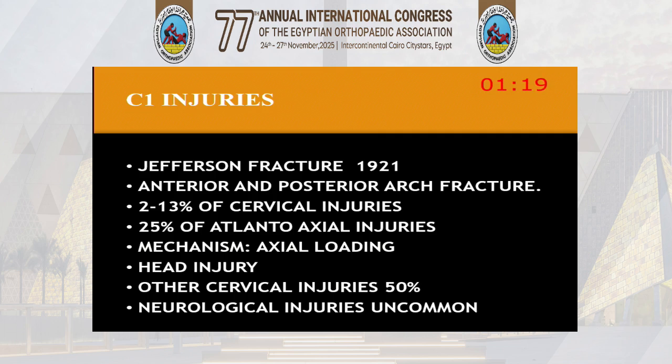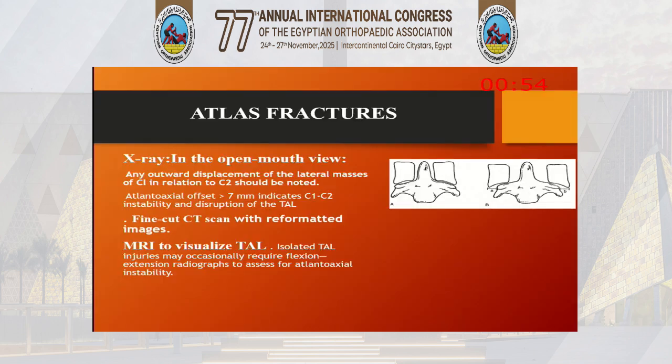C1 injuries are mostly the Jefferson fracture, described in 1920, anterior and posterior arch fractures, 2 to 13% of cervical injuries, 25% of atlantoaxial injuries. The mechanism is axial loading, with head injury and other cervical injuries in 50%, and neurological injuries are uncommon.